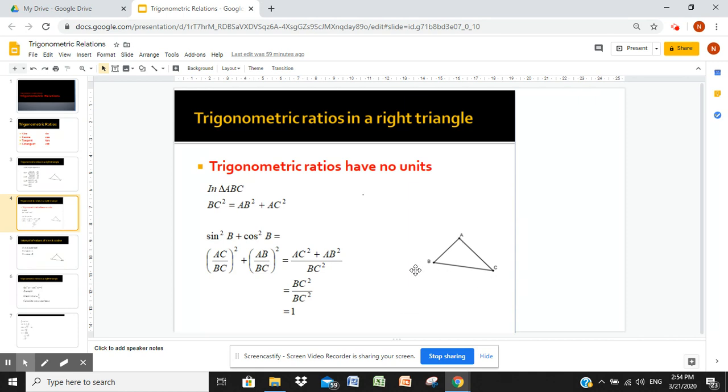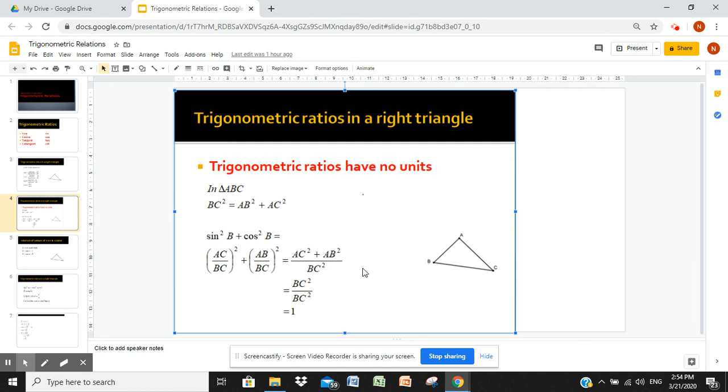Now, in a right triangle, we know the Pythagorean theorem: the square of the hypotenuse is the sum of the squares of the other two sides. Now, let's try to find sine squared B plus cosine squared B. We replace the sine, which is AC over BC, so sine squared is AC over BC all squared. Same thing for the cosine.